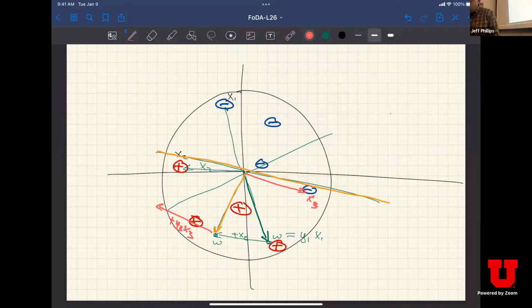And now this is going to be my updated W. It's gotten larger, it's going outside the circle, but that's fine. I'm going to get a new classifier here. At this point we can stop. All the points are classified correctly, so there are no more misclassified points. After 3 steps, I've gone to a perfect classifier.